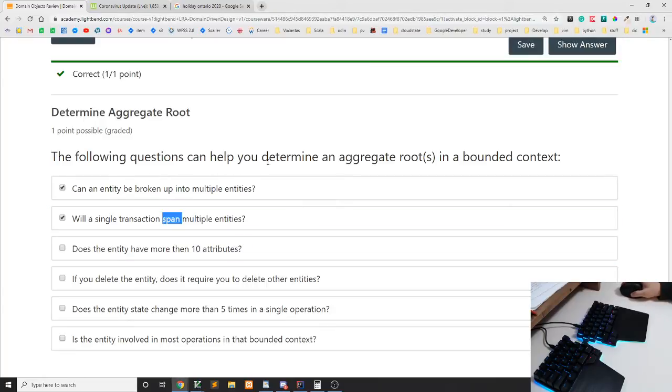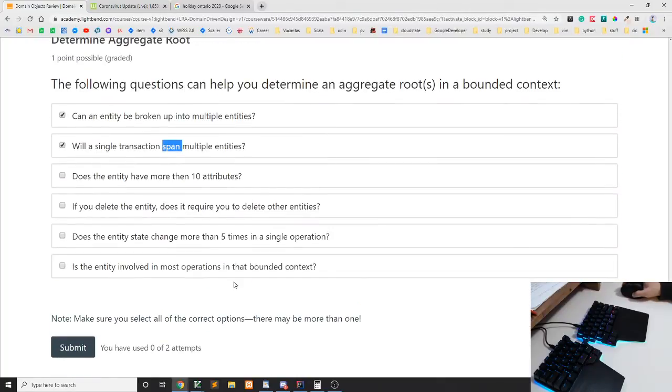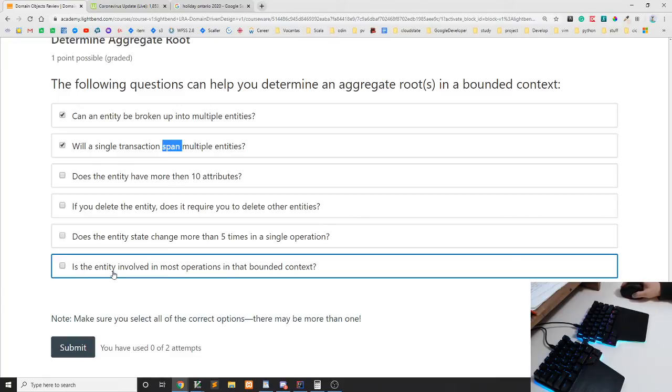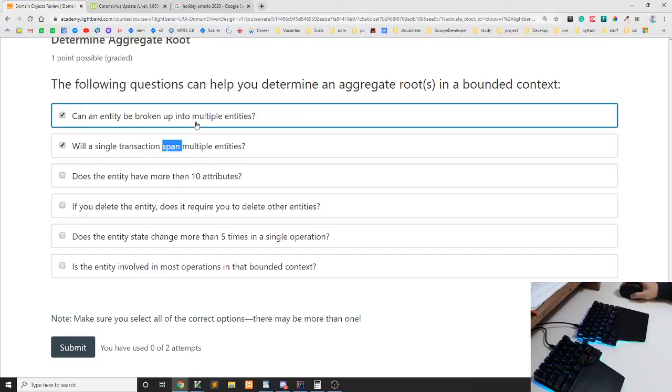Following questions can help you determine an aggregate root in a bounded context. Make sure you select all of the correct options. There may be more. Can an entity be broken up into multiple entities?